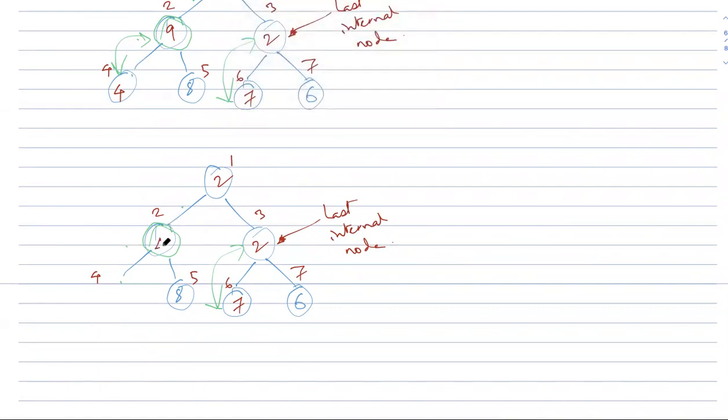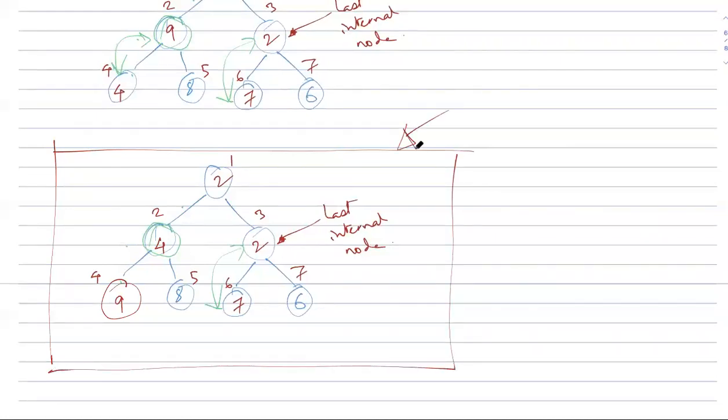So this now becomes 4 and this becomes 9. And you can see now at this point, we have the full heap property satisfied. And this is our final configuration of the min heap.